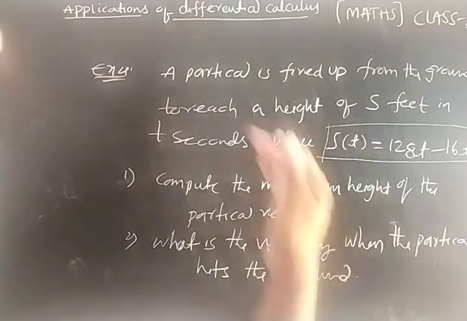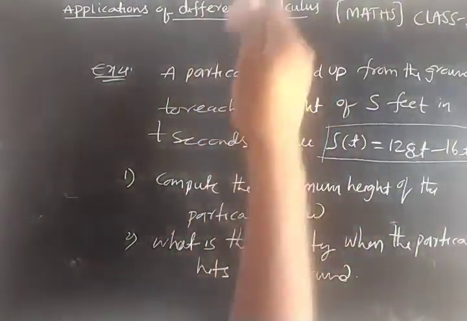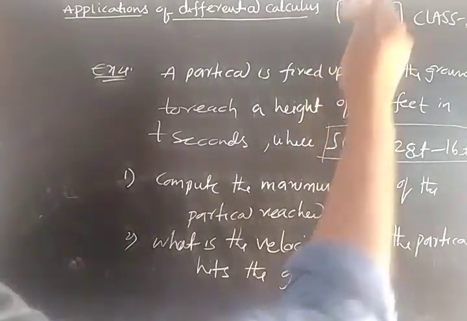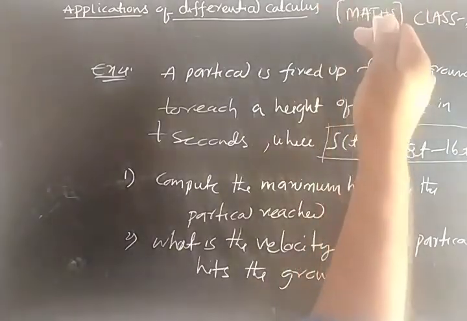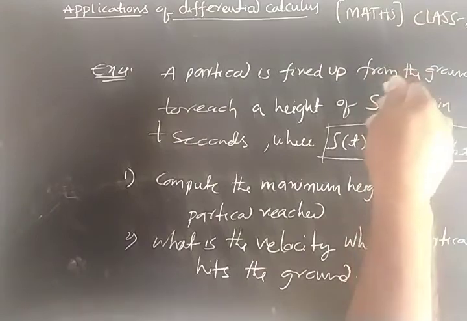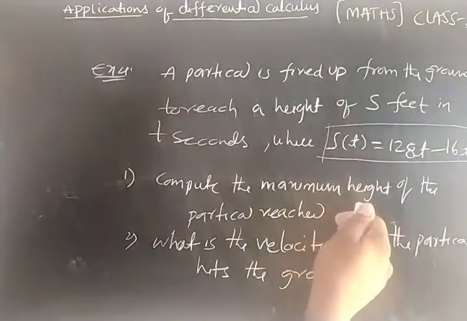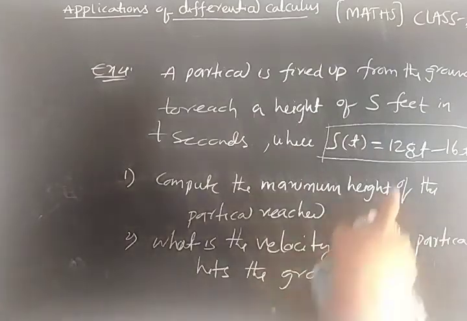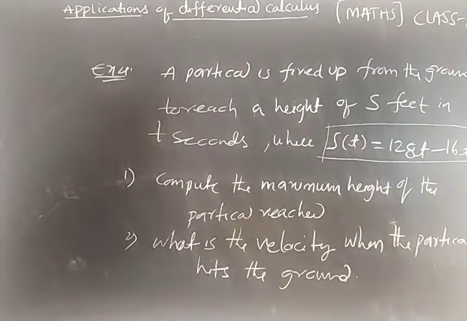If the particle reaches maximum height, at that stage velocity will be 0. So if you take velocity equal to 0, you can get the time. Then you can substitute that time here, and you will get the maximum height.